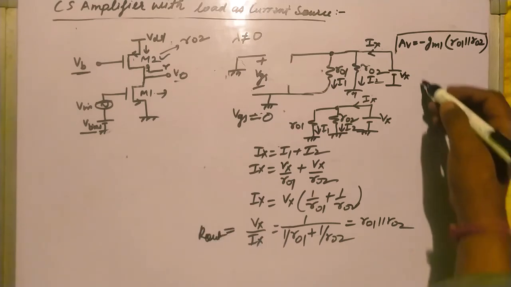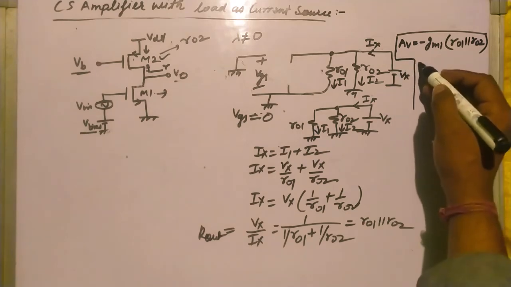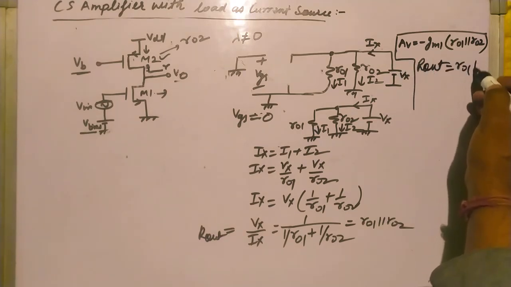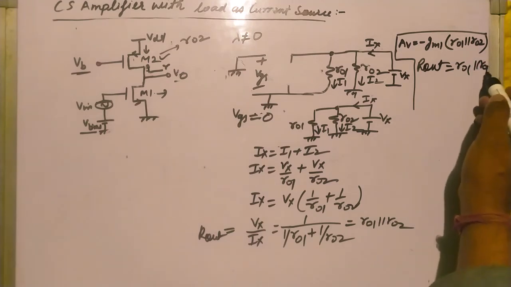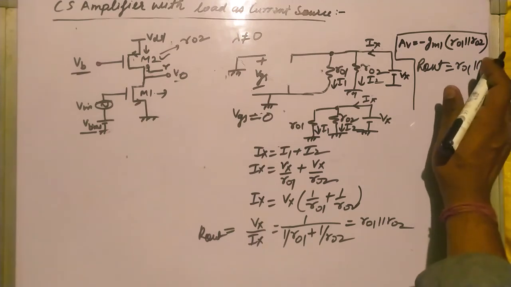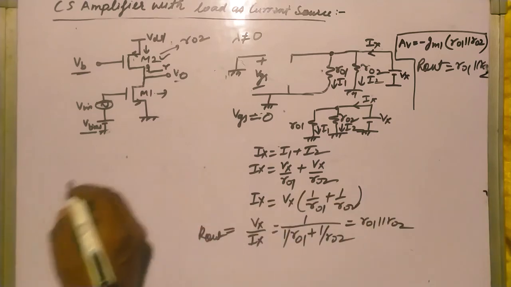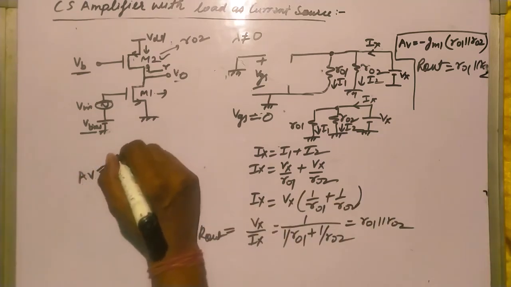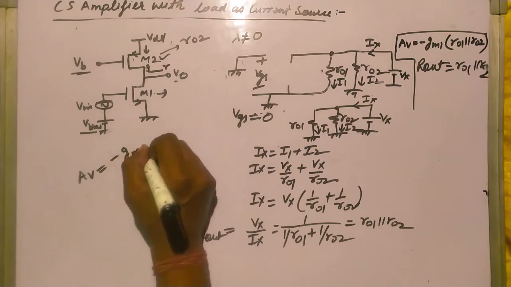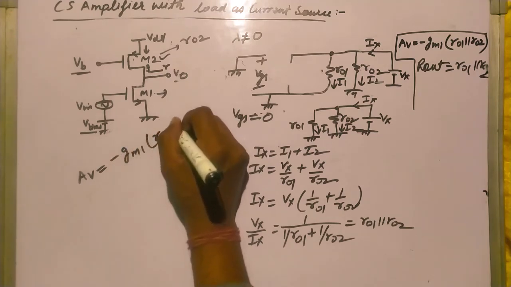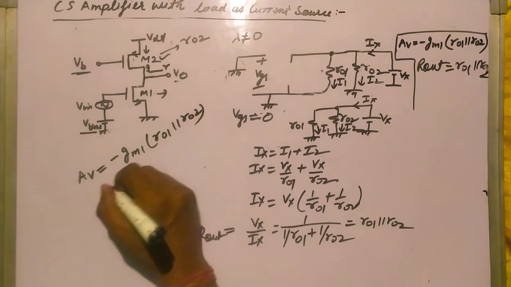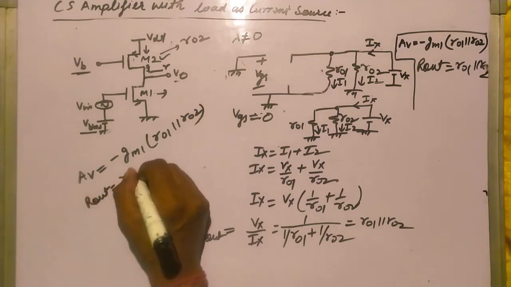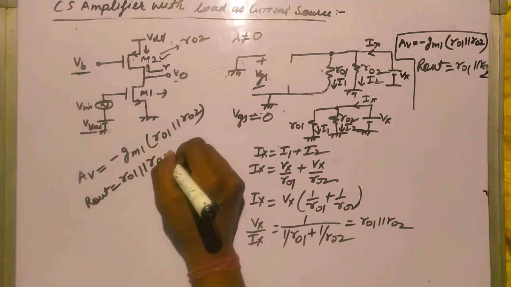So R out equals R01 parallel R02. So AV for this circuit is equal to minus GM1 R01 parallel R02, and R out resistance is R01 parallel R02.